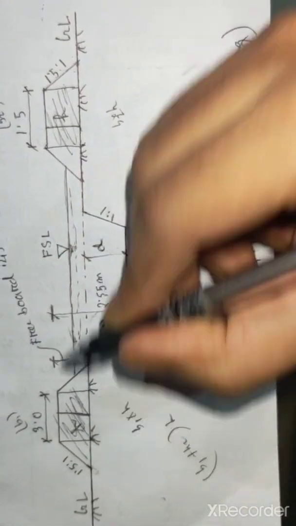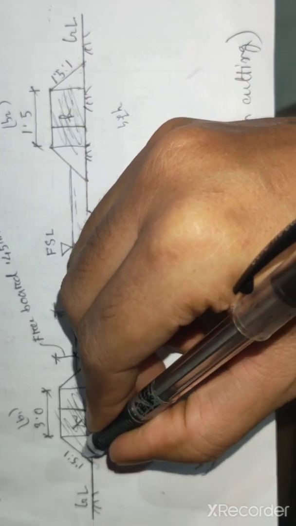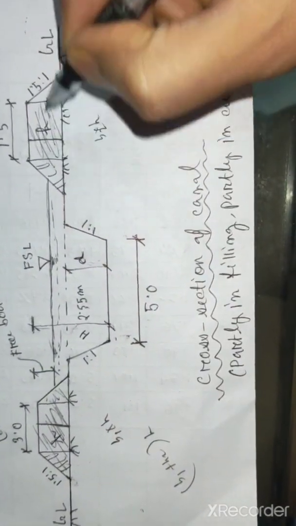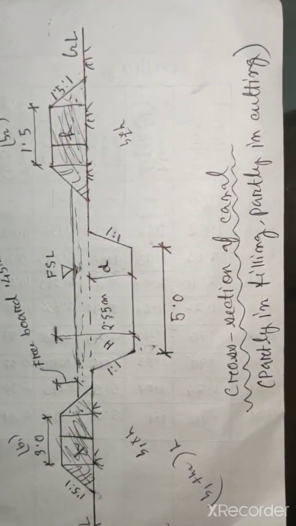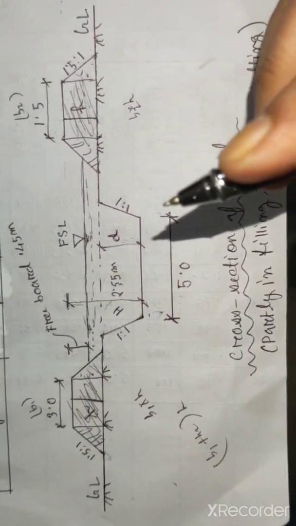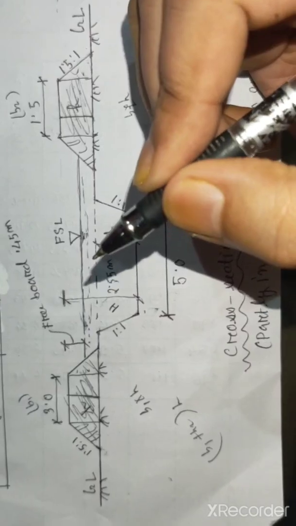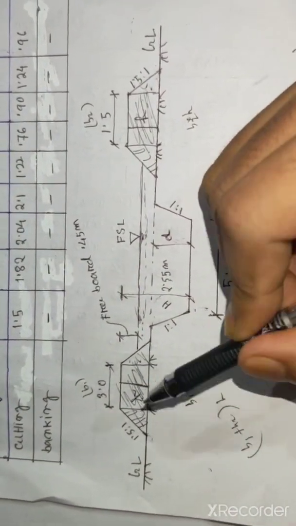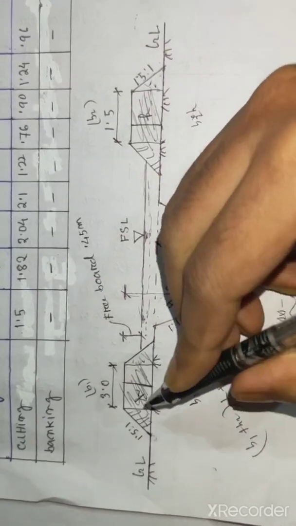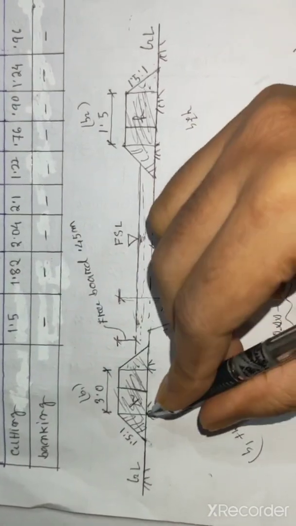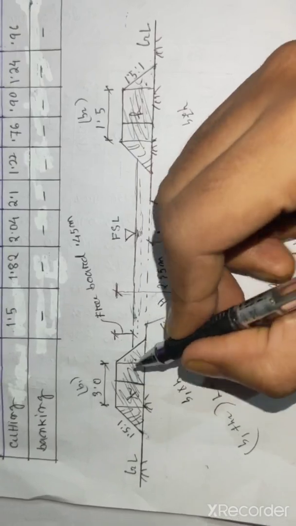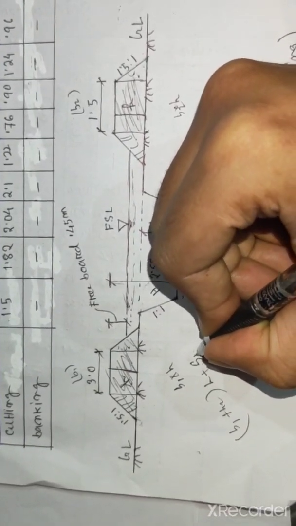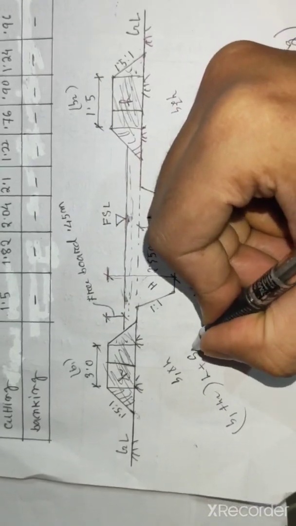So central area we have calculated for both the cases. What is left is this sloping portion and this sloping portion. How to find out this sloping portion? The sloping area for this trapezoidal section will be BD plus SD square. So D is H, and we are naming the slope as S1 here.